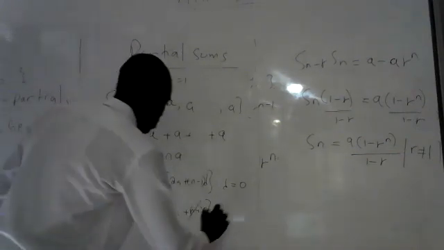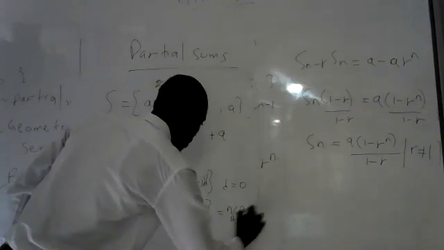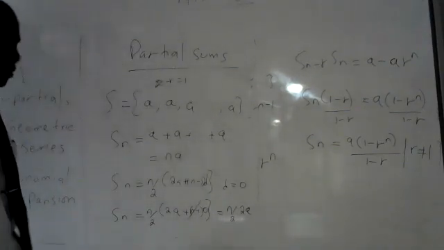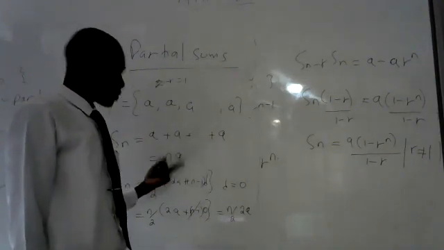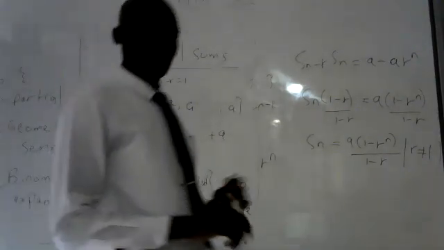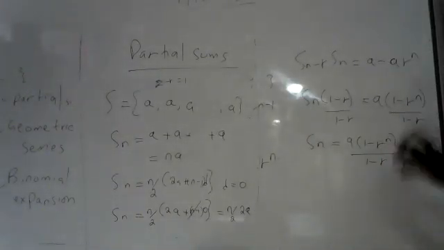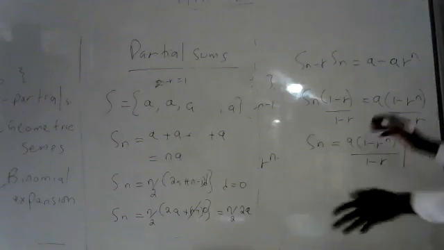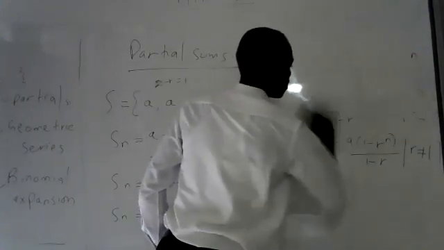So this is going to be n divided by 2 times 2a. We still get NA. So there are so many ways of getting these things. All you need is to understand what is involved. You don't need to cram all these formulas. All you need is to understand what's going on.